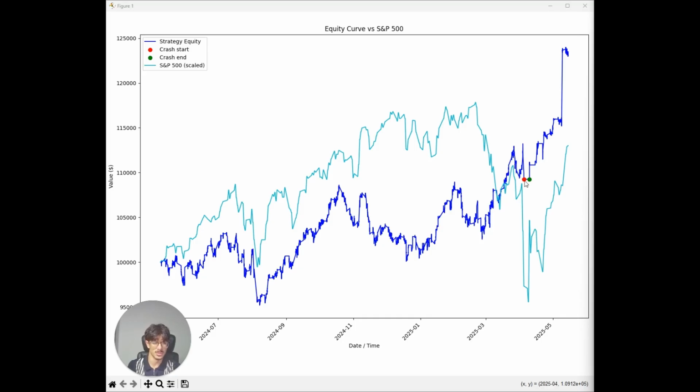This crash was a very specific case, and there's probably a risk that this detection wouldn't work nearly as well for future crashes. If I revisit this project, I'd move towards an AI-based approach, using machine learning to learn patterns directly from data instead of using these fixed rules. That would make the strategy more adaptive and less dependent on manual tuning.